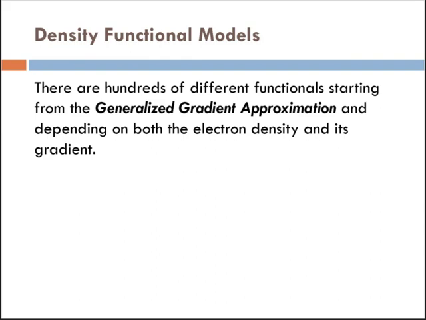So if I take an object and I calculate the density, that's a unique property of the positions of the atoms and the number of electrons, and I calculate the derivative of the density at every point on a giant grid. The simplest density functional models are an expression in those two quantities. That's called the generalized gradient approximation. First generation models are all of this nature. They're really no longer used.